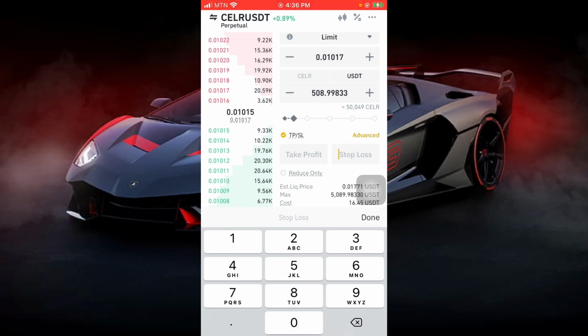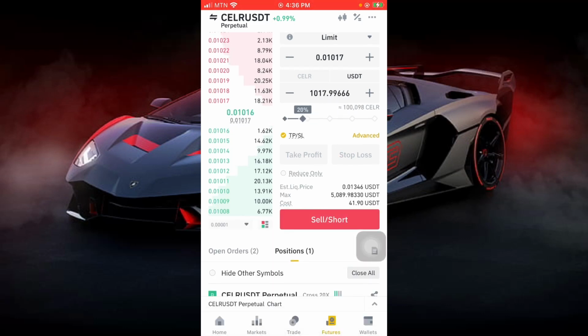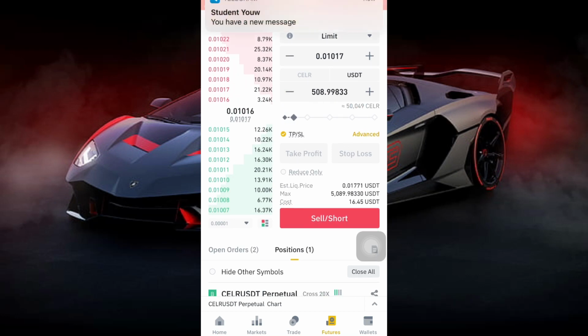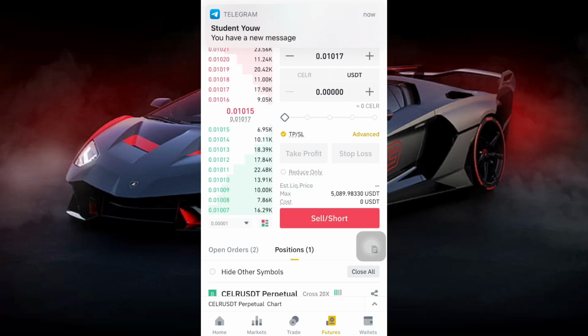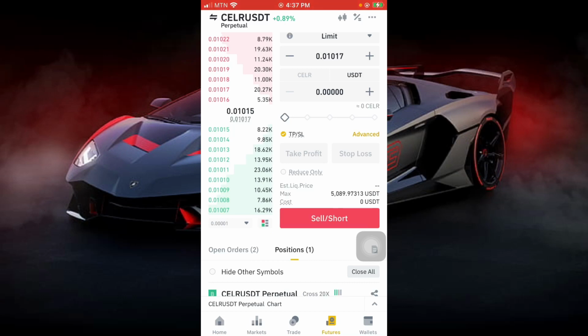Just below the triangle, the one that I'm moving, below the amount, we have something we call TP/SL. So it's very simple for you to trade on Binance. You just have to follow my instructions. So you see we have take profit and stop loss. They have demarcated it. Then below the take profit and stop loss, we have reduce only.